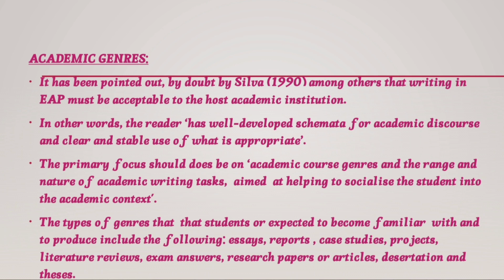In other words, the reader has well-developed schemata for academic discourse and clear and stable views of what is appropriate. The primary focus should thus be on academic discourse, genres, and the range and nature of academic writing tasks aimed at helping to socialize the student into the academic context.